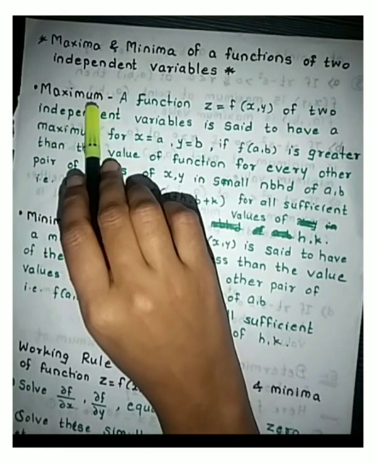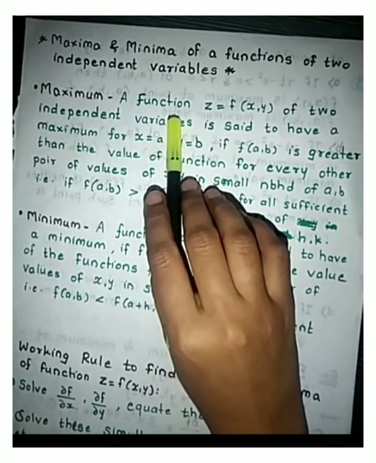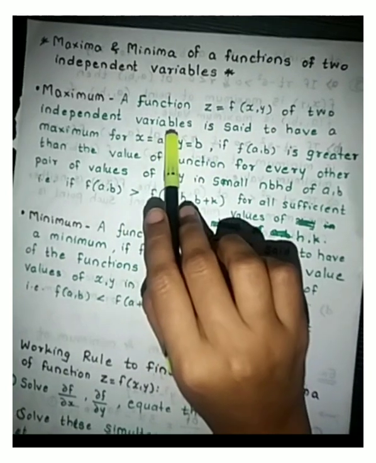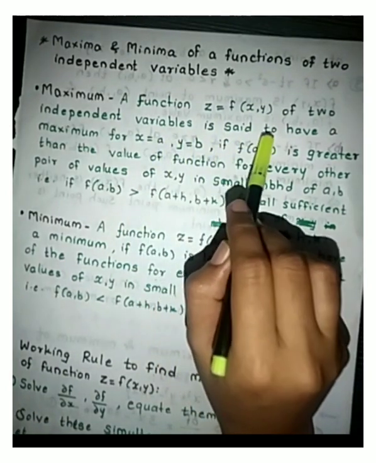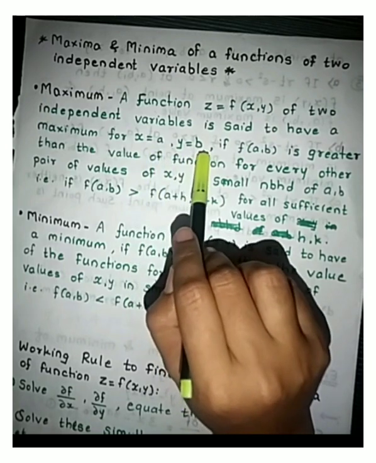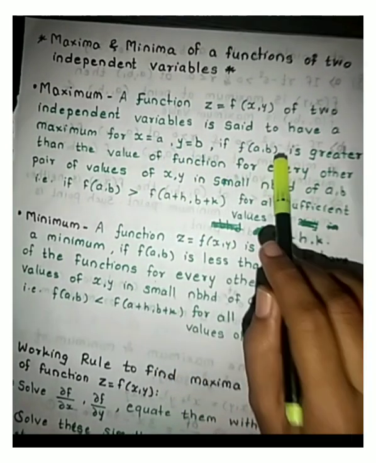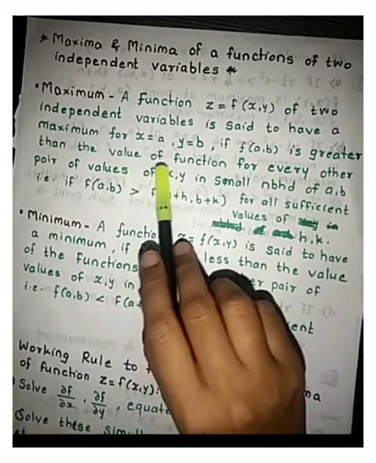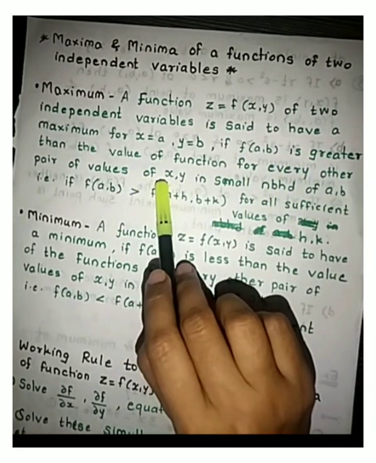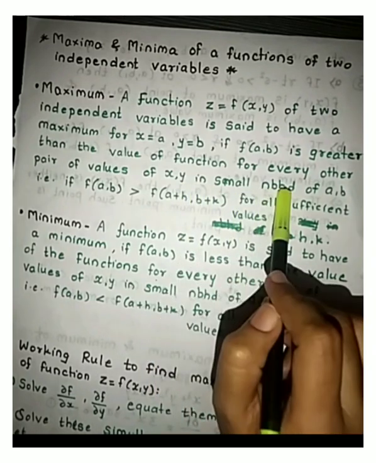A function z equals f of x, y of two independent variables is said to have a maximum for x equals a, y equals b if f of a, b is greater than the value of the function for every other pair of values of x, y in a small neighborhood of a, b.